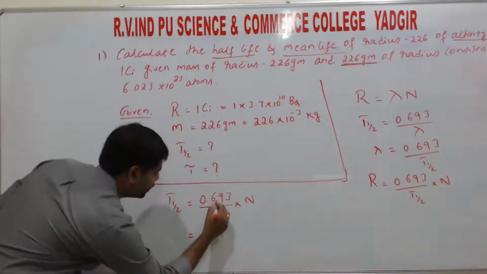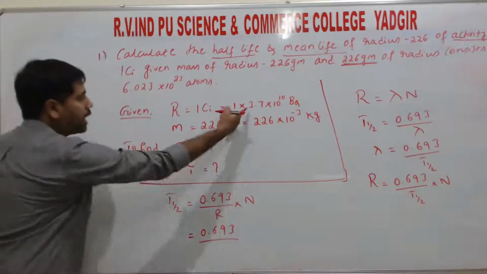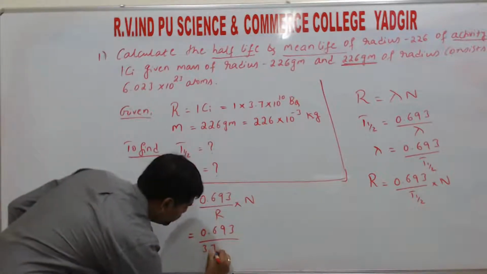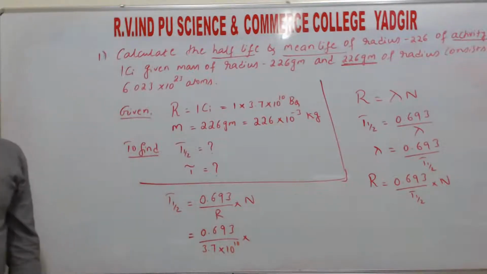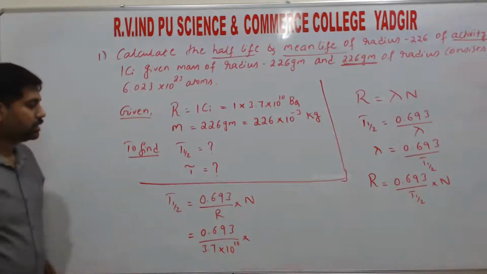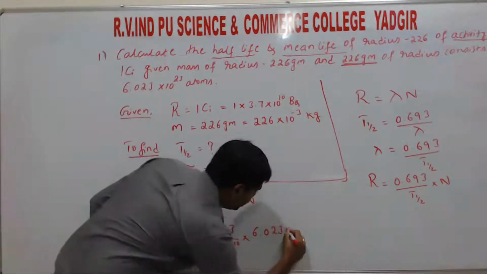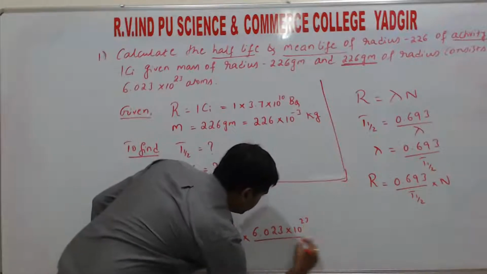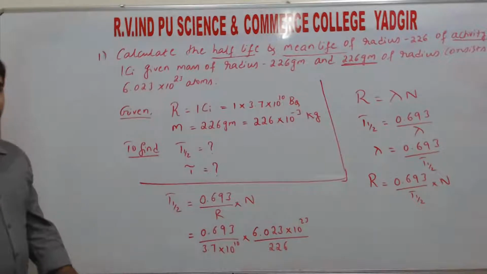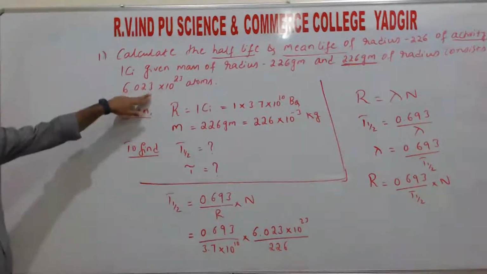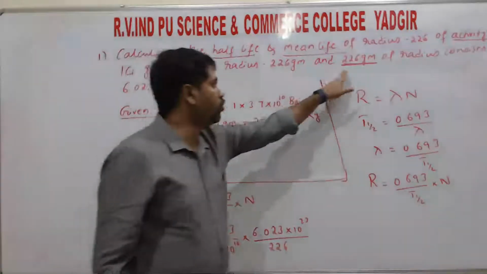Here we will substitute 0.693 divided by activity, 3.7 into 10 to the power of 10, into the N value, that is 6.023 into 10 to the power of 23 divided by 226. This is the number of atoms present in 1 gram. Here they given 226 grams.